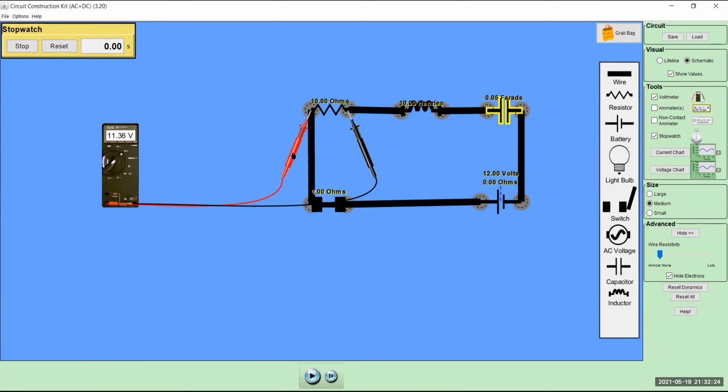Why is it still 12 volts? Oh, because right now we just barely opened it, okay? So there is no current in the circuit, no nothing else. So it's the same voltage drop. No, but it should be 0 in here. How about this one in here?